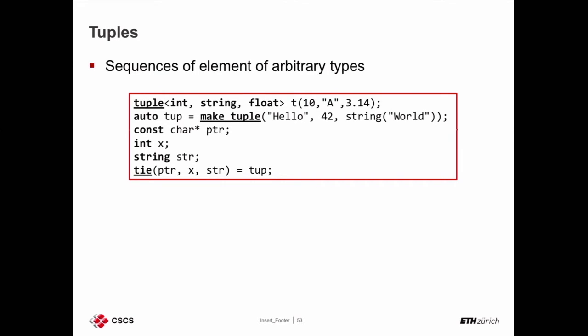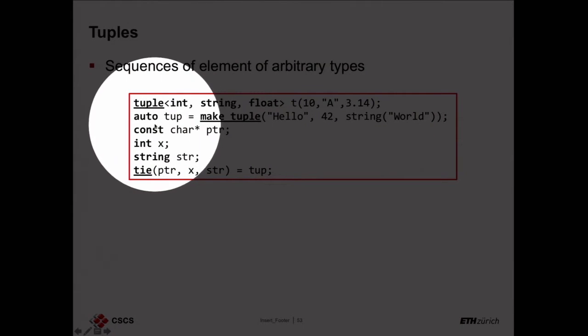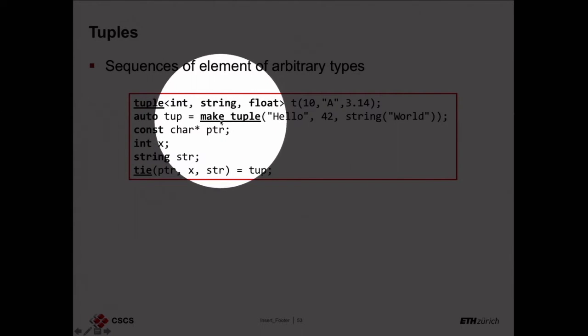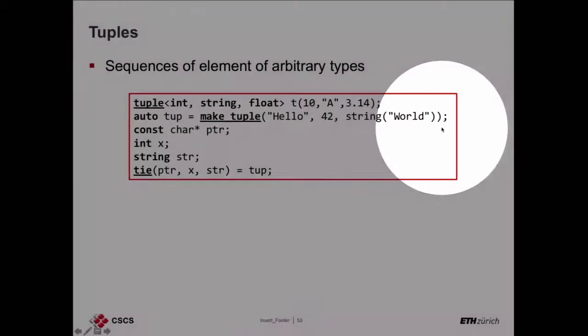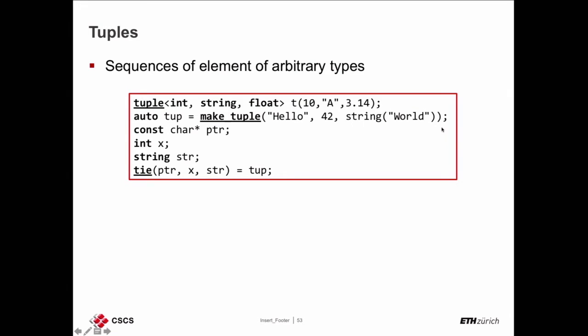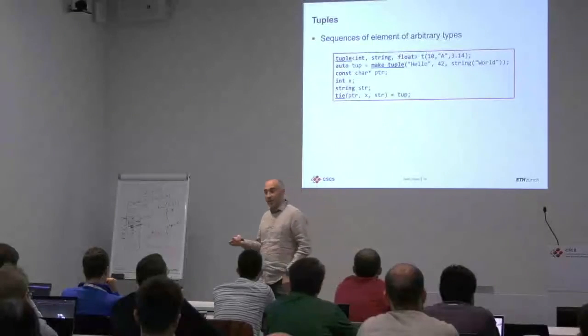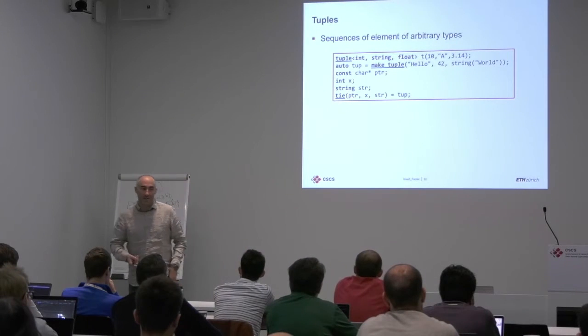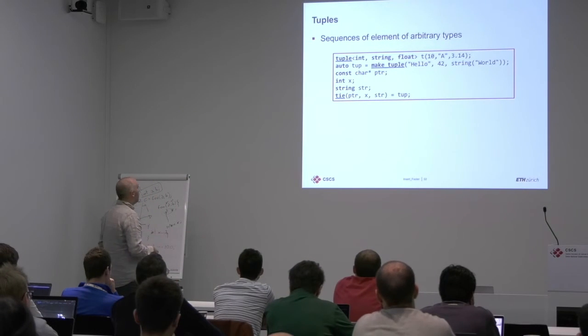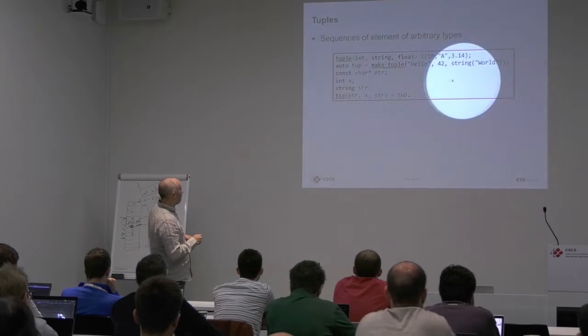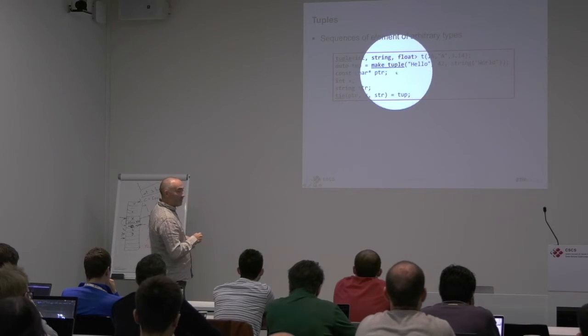Or I can simply do auto tuple, make_tuple with the list of values. And this is where, as we said yesterday, C++17 offers you the ability to construct the class directly with the types by automatically generating these functions for you.